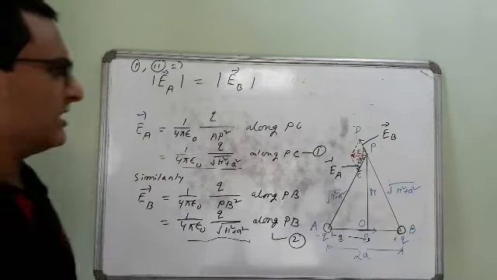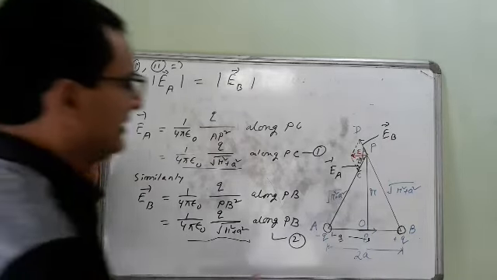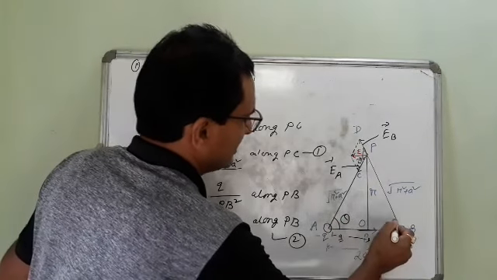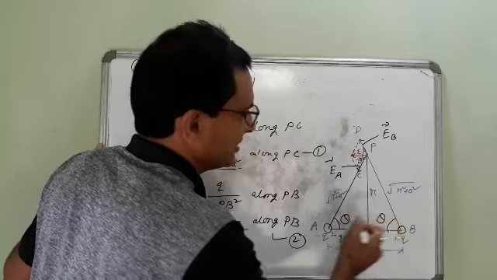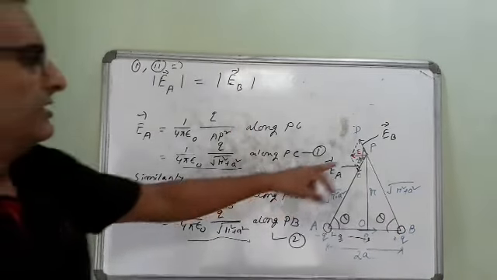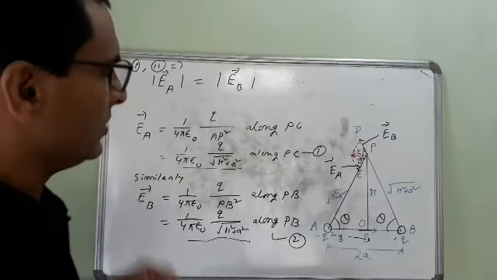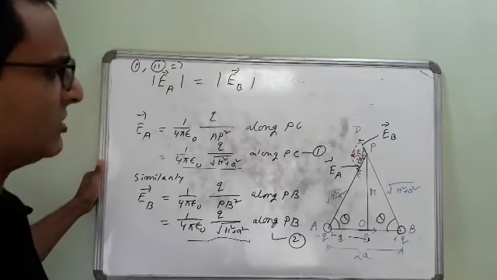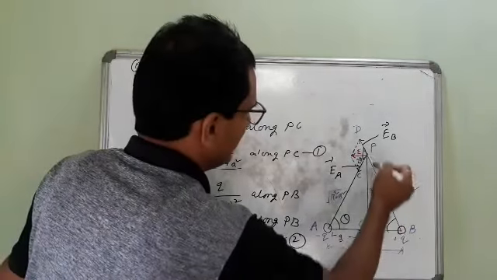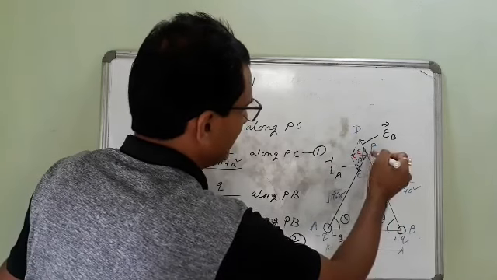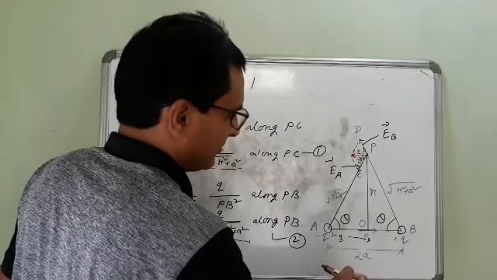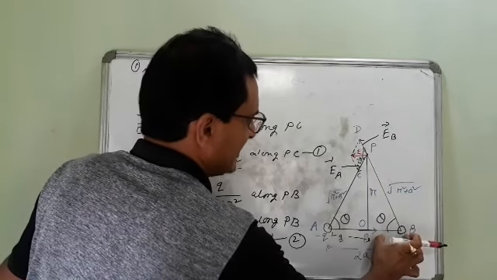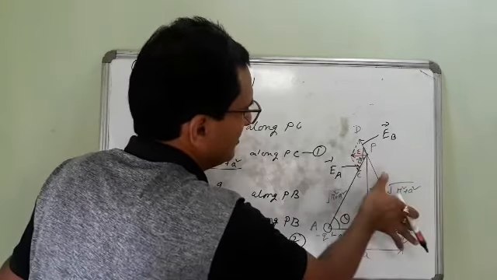Now let us consider that this angle is theta. If this angle is theta, this will also be theta. Why? Because this is an isosceles triangle. Why is this isosceles? Because we are taking P as the point on the perpendicular line, and this distance and this distance are the same, so this must be equal to this.